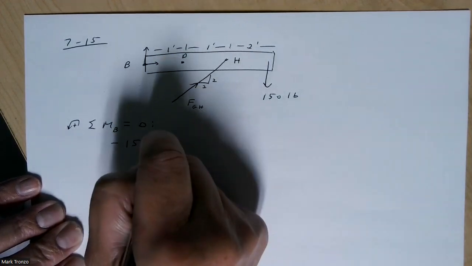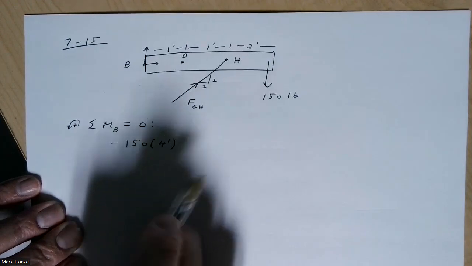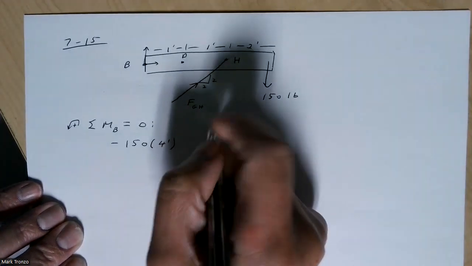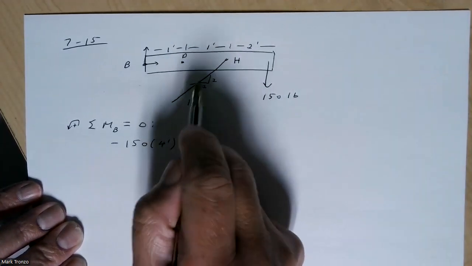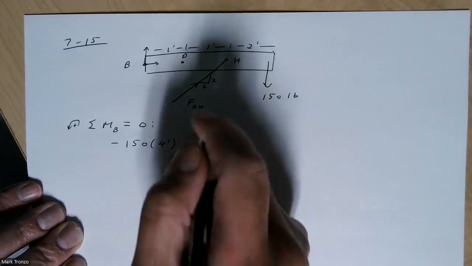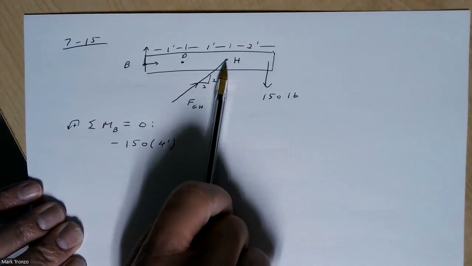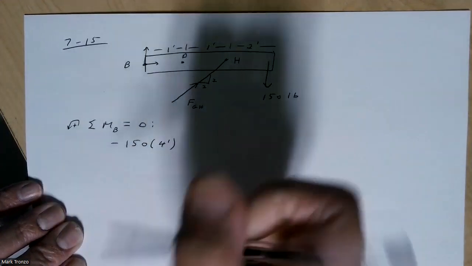So 4 feet, and it's minus because it's going to turn this clockwise about B. Then we have this load right here, and we want the vertical component.